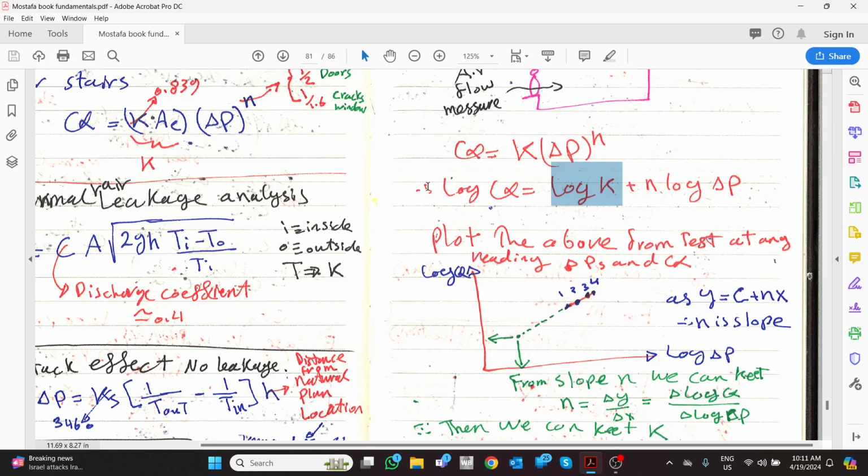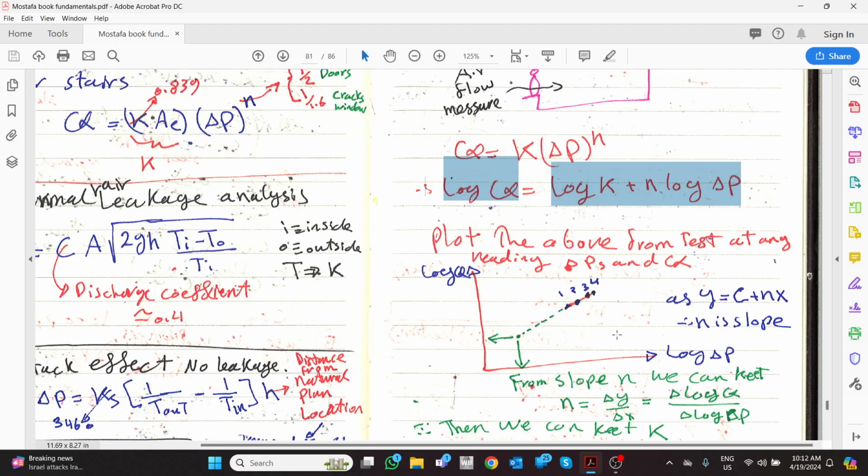It will be a line. Because you get 2, 3, 4 points, even if they are a little up or down due to accuracy, you can make a median line. This line has a constant slope.